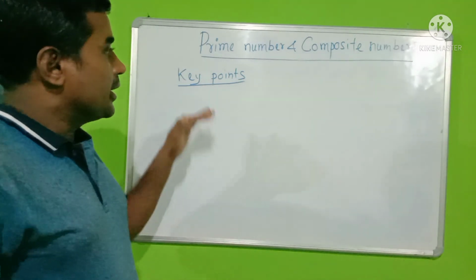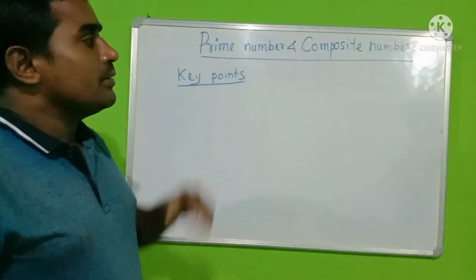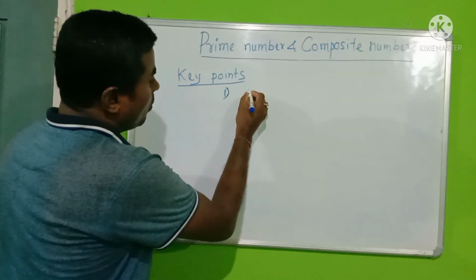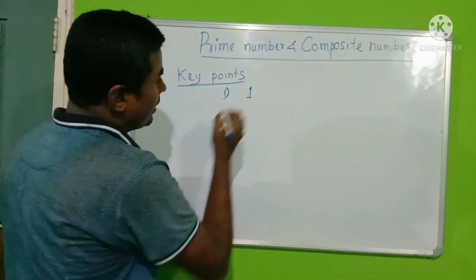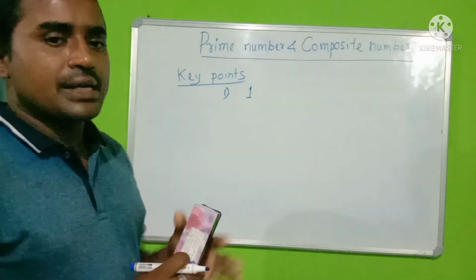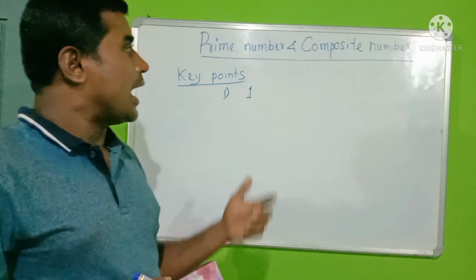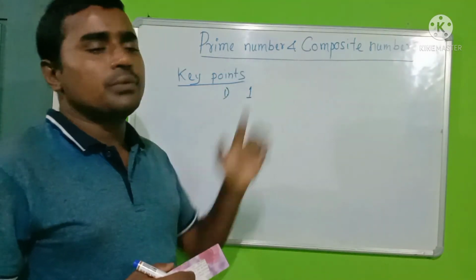First, natural number 1, we do not include it either in prime numbers or composite numbers.